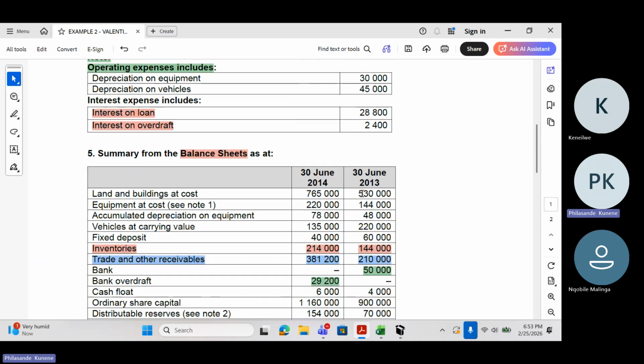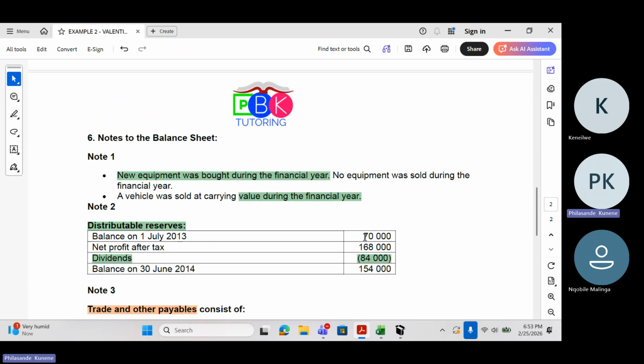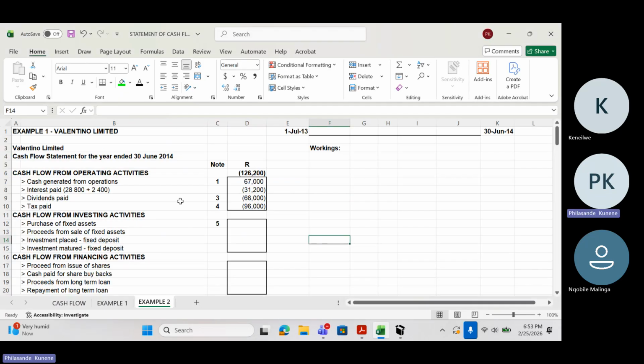I told you what section of the balance sheet we need to look at when we're dealing with this part. Which section of the balance sheet are we looking at when we're dealing with cash flow from investing activities?